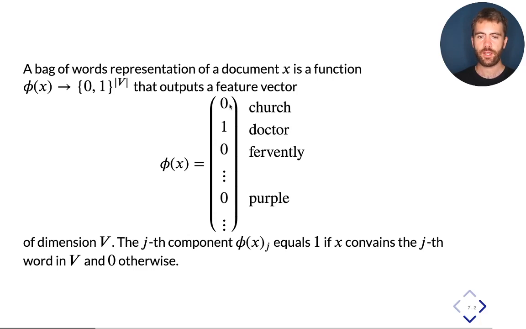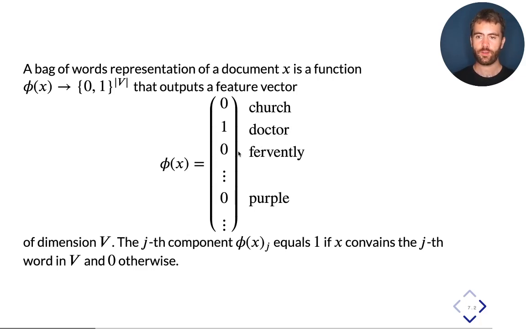I have a 1 here if this message contains the first word in our vocabulary, which here happens to be church. The second entry contains 1 if we have the word doctor and 0 if we don't have the word doctor, and similarly for fervently.